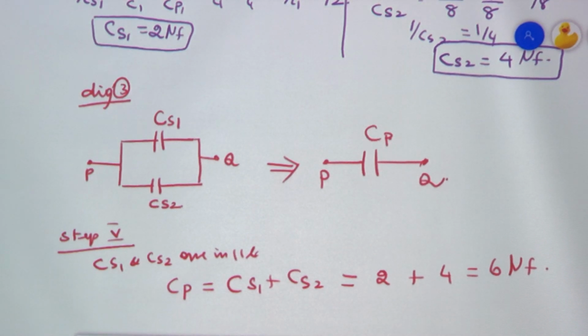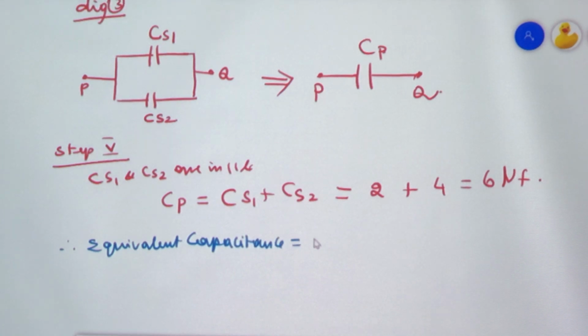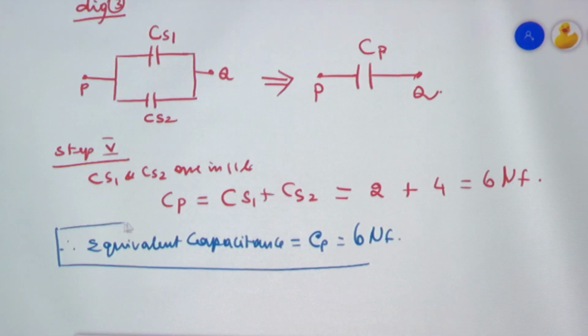Therefore, the equivalent capacitance is equal to Cp, which is equal to 6 microfarad. This is how you can simplify.